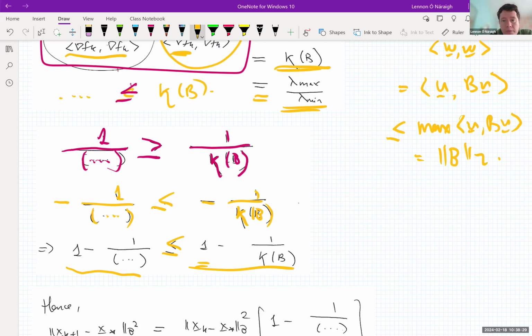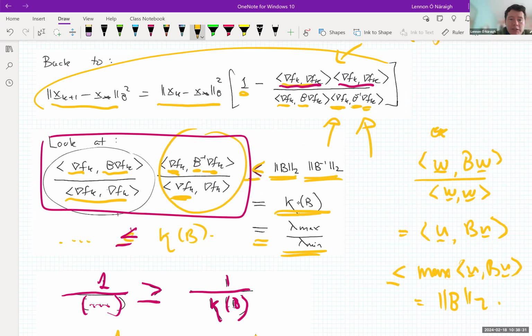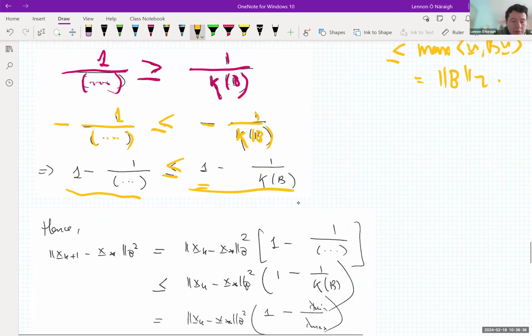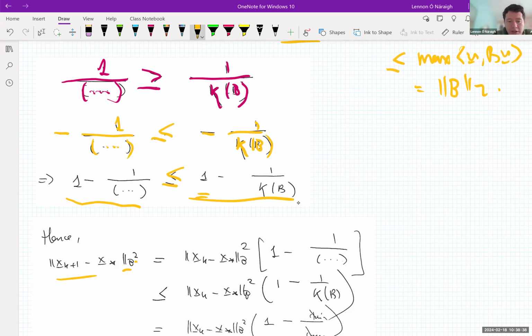So, going back up to this expression, I have the b norm squared of xk plus 1 minus x star is equal to the b norm of xk minus x star squared times 1 minus 1 over this combination of inner products.